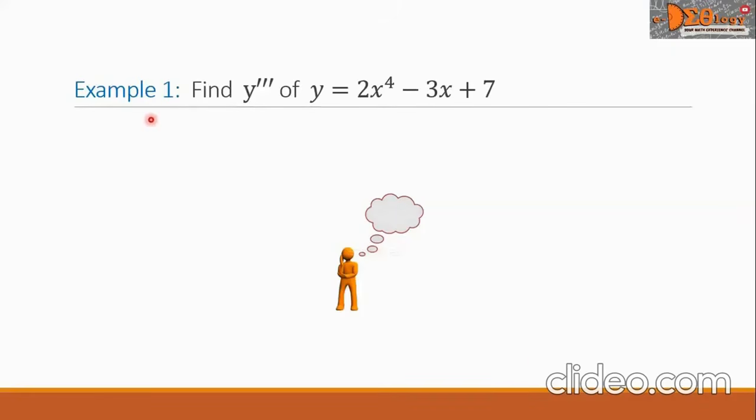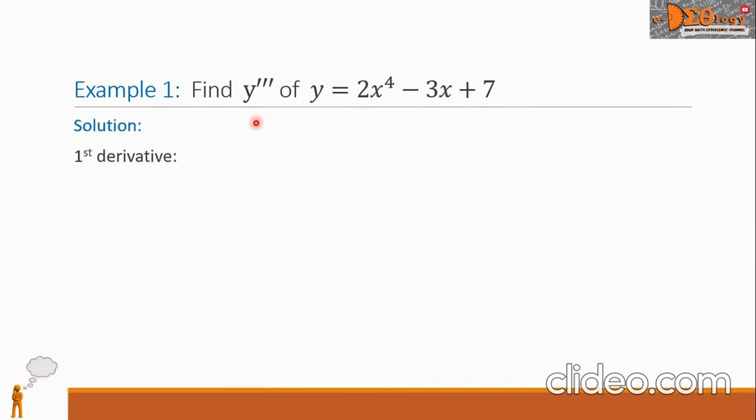Let us see example 1. Find y triple prime of y equals 2x raised to 4 minus 3x plus 7. The y triple prime here means the third derivative. For our solution, let us begin with the first derivative.